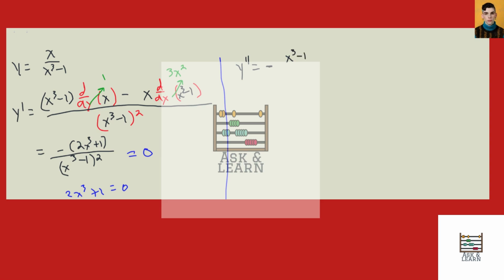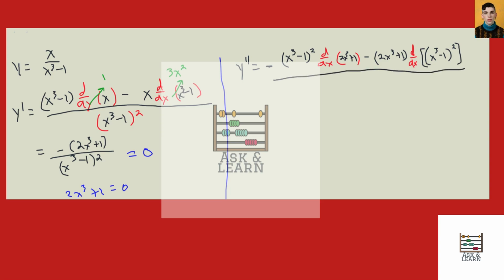So it's going to be low d high minus high d low, and then all over the square of what is below. So x cubed minus 1. So it was squared before, so now it should be to the 4th power. And this negative should be out there like that.